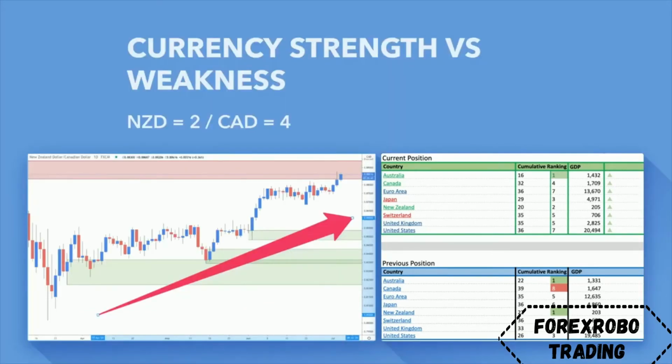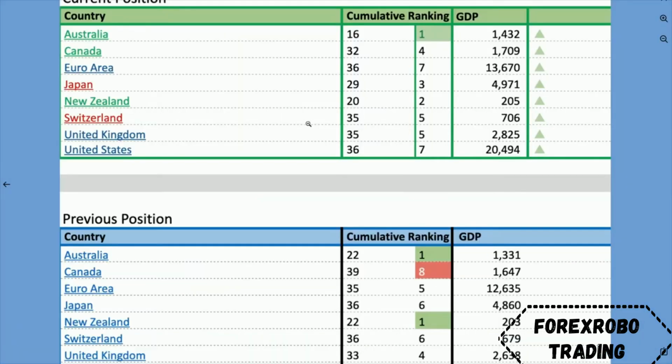Let's look at another one, New Zealand dollar versus the Canadian dollar. The Canadian dollar was previously number 8, it was weak, and it strengthened over time to become number 4. But the New Zealand dollar was number 1, and it's weakened slightly to number 2, but it's still stronger than the Canadian dollar.